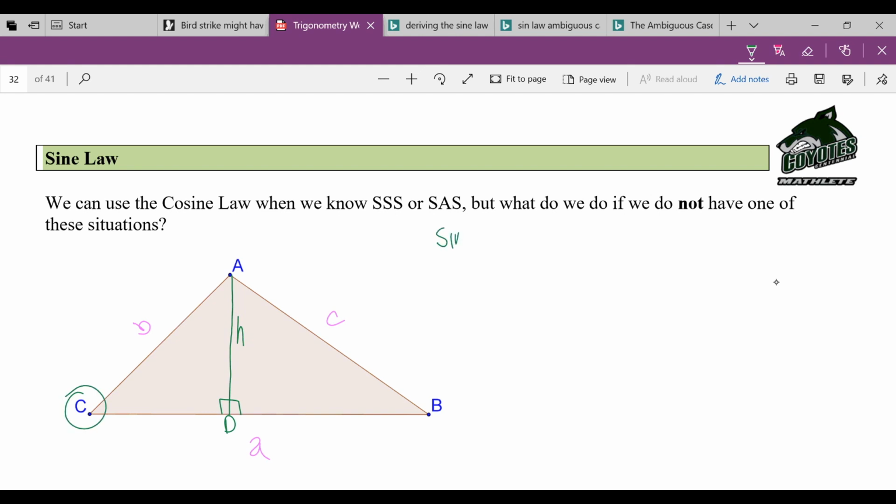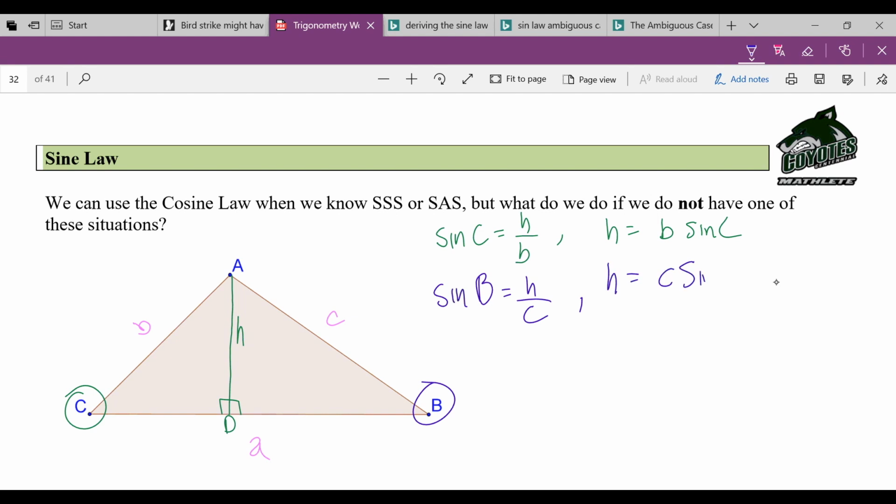We know that sine C equals H over B. And if I wanted to rearrange that, I could say H equals B sine C, okay? Basic trig and basic algebra. Well, similarly, if I were looking at angle B, I could say sine B equals that same H, but over C. And rearranging it, of course, would give me H equals C sine B. So what?